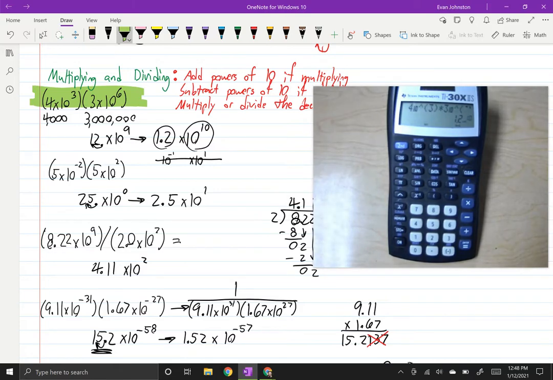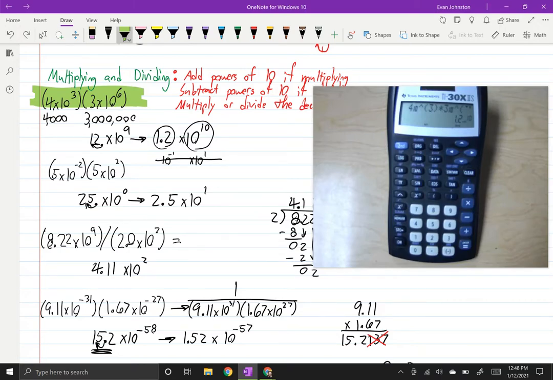And we get 1.2 times 10 to the 10. Don't forget there's actually a little tiny 10 right here before this 10. This is the power of 10. This is the times 10 right here. And we get exactly what we got earlier. It works out. They work the exact same.